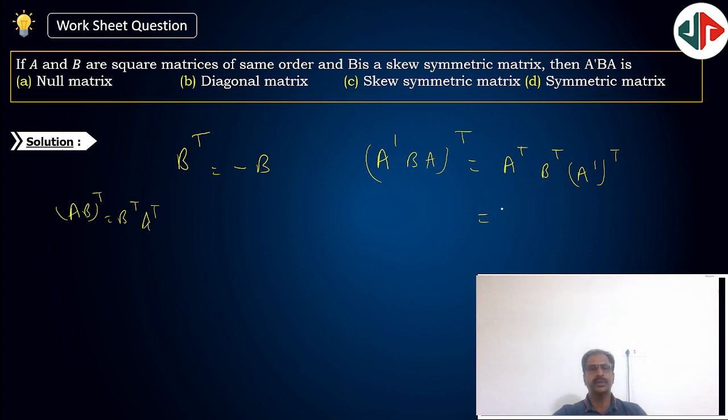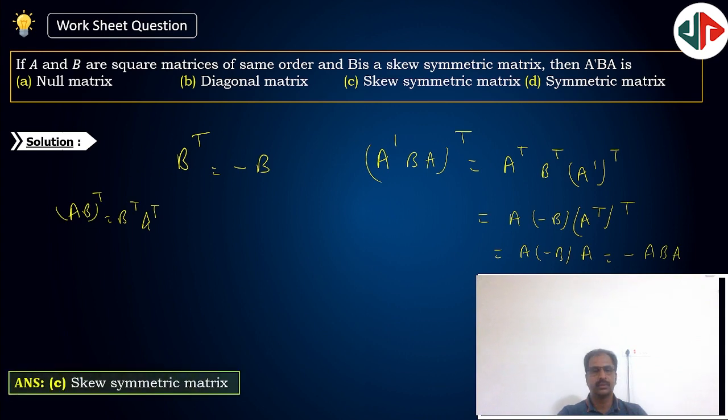I think A should be given as symmetric. Then it should be given as A is a symmetric matrix. That is missing in the question.